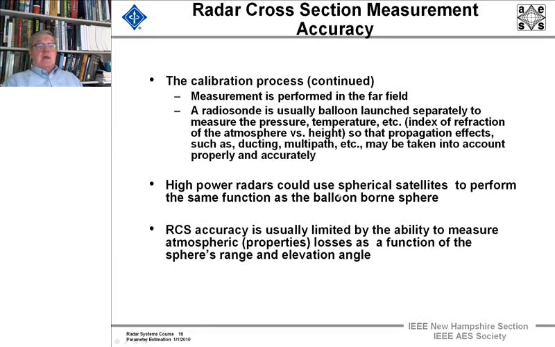High-power radars, as I said, use satellite spheres to perform the same function. And because the atmosphere can change things, you also put up radiosondes to measure the properties of the atmosphere and the losses in the atmosphere accurately.